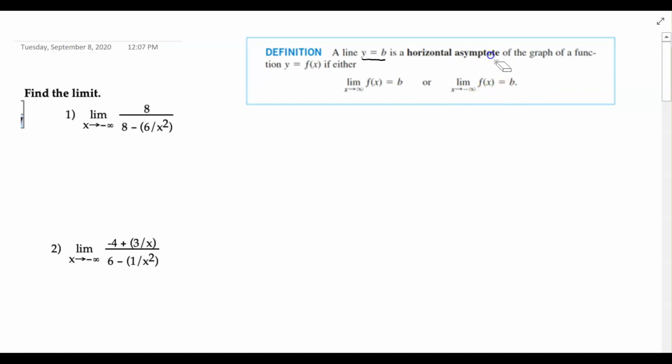So this is the calculus definition of a horizontal asymptote. In pre-calculus or a college algebra course, you might have defined it a different way, but this is at the heart of that pre-cal definition that probably wasn't mentioned before, but now we're going to get into it.